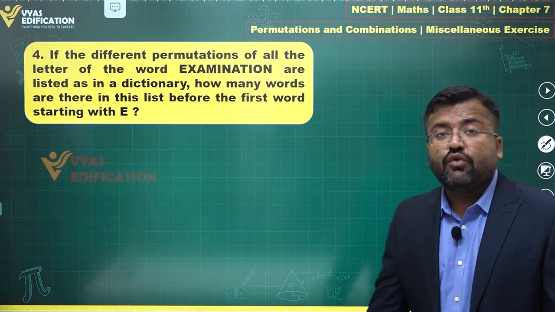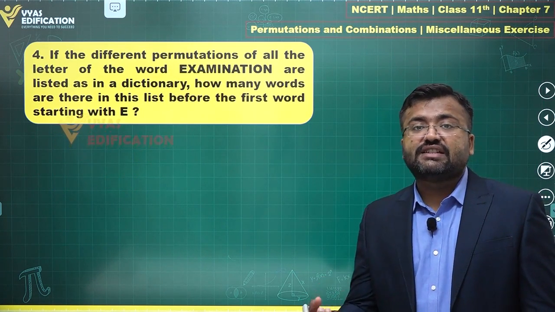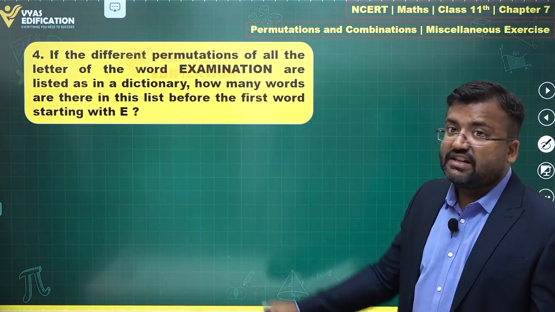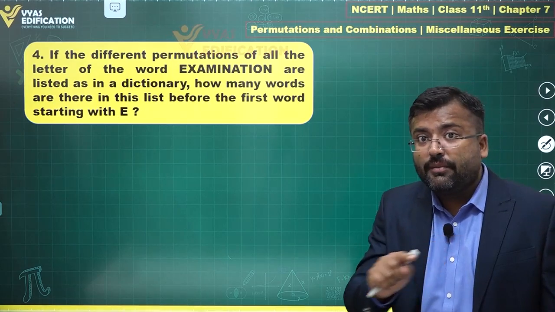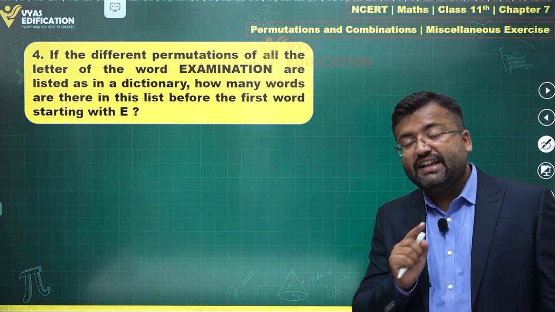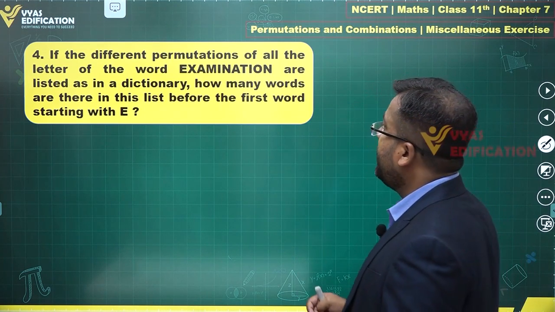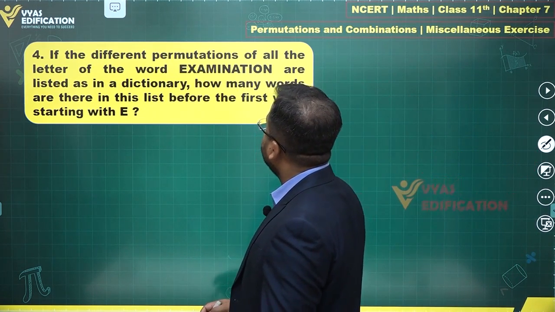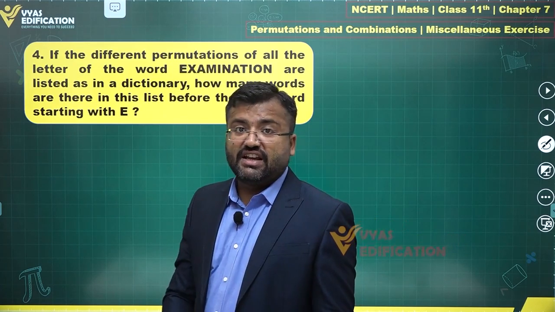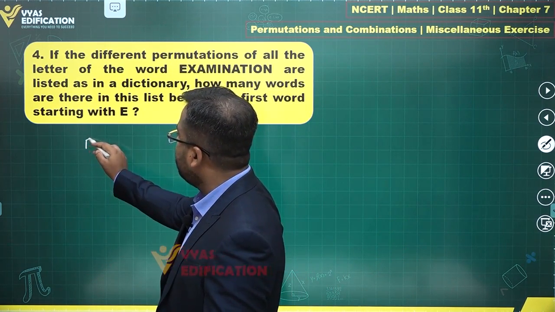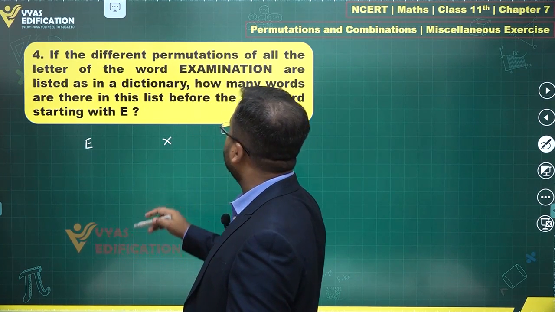Okay. Now when you want to list all the words as in a dictionary, you'll have to write the letters of the given word in alphabetical order first of all. Write in alphabetical order because dictionary says alphabetical order, right? So we have EXAMINATION. First, let's see if there is any repetition, and simultaneously we'll also write in order. So E, X will come later.